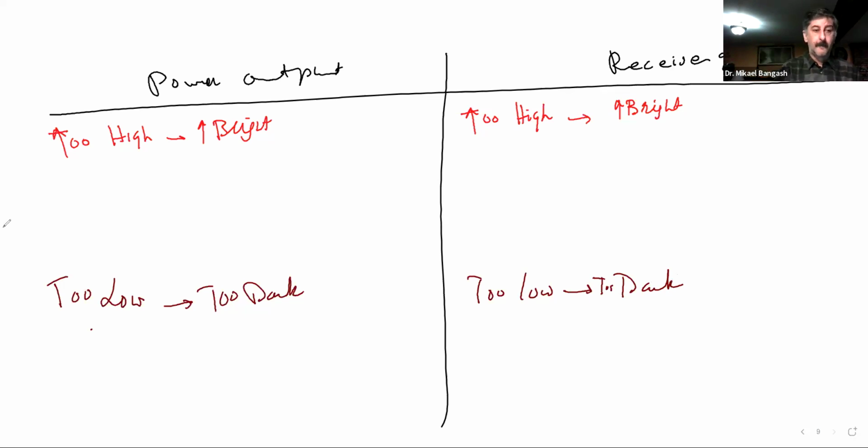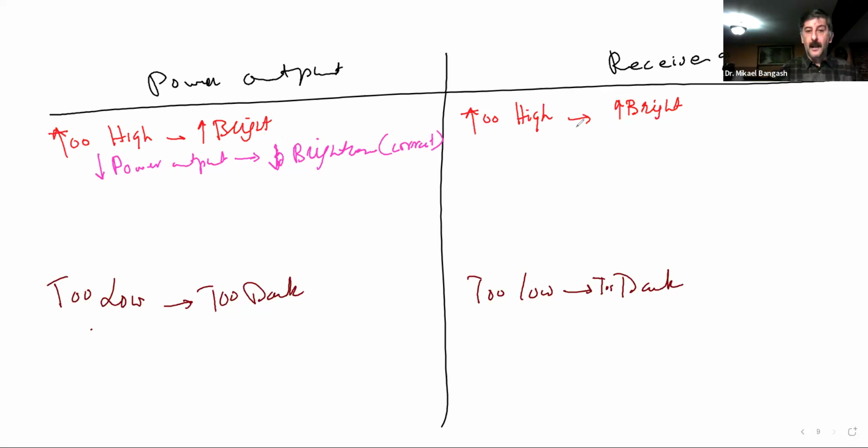How could we correct a too bright image? We could do it in two ways. Either we could reduce the power output, and that would lead to a reduction in the brightness, making it from too bright to just the correct brightness.